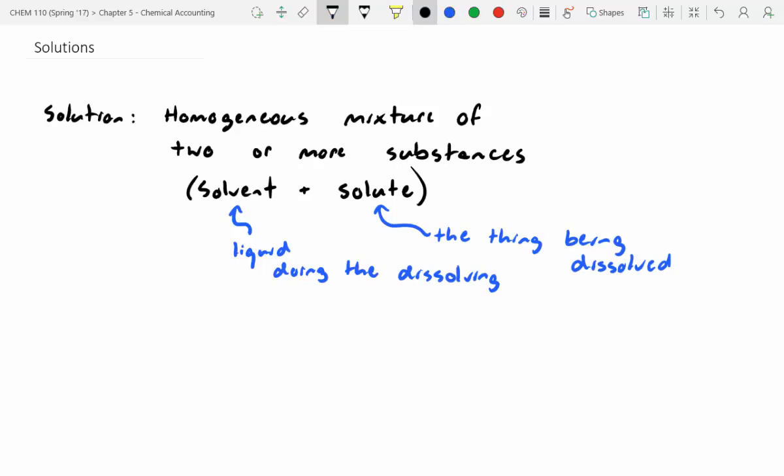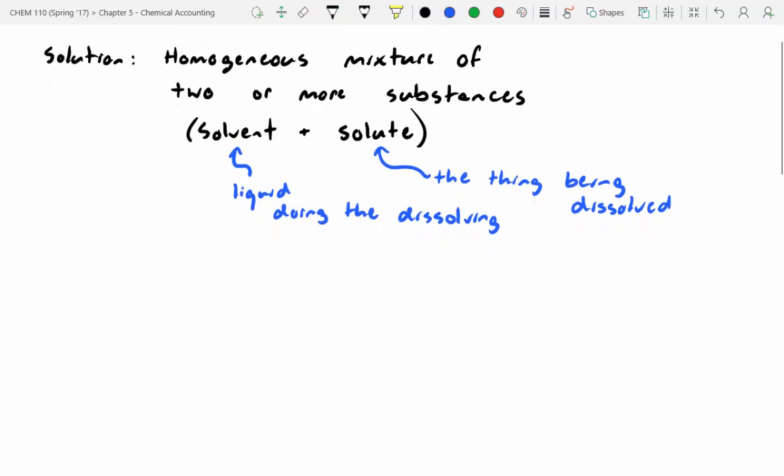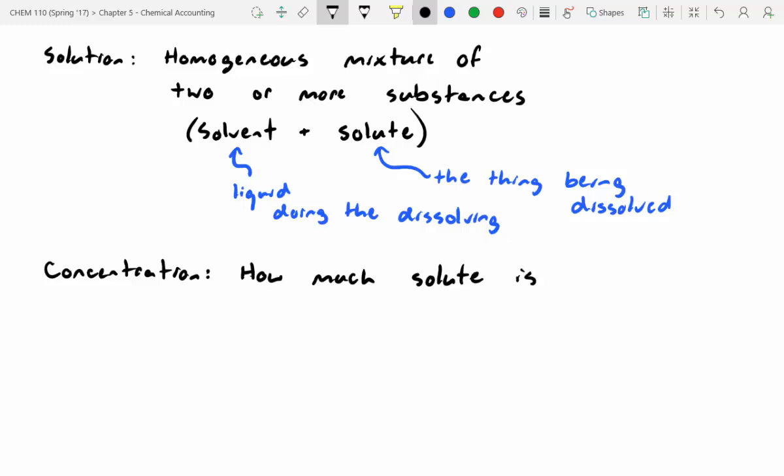And solutions can vary a lot in their concentration. So we have to define concentration. Concentration is a measure of how much solute is dissolved in a given amount of solvent.